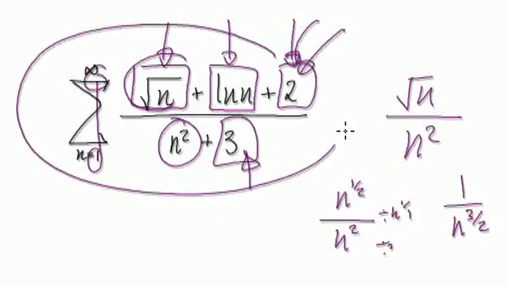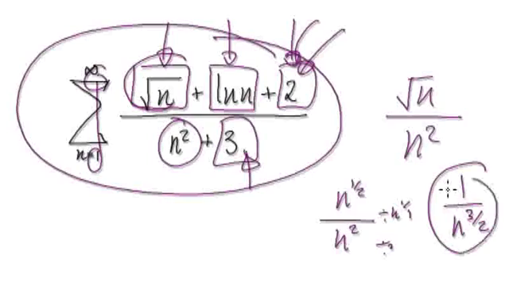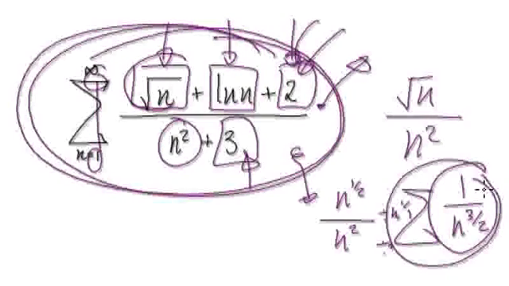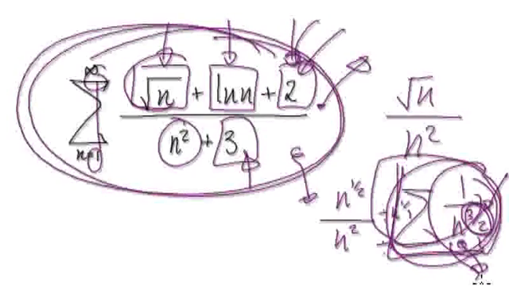So we are going to compare this series with this series. We know nothing about this series. We don't know if it's going to converge or if it's going to diverge. But we do know that this is going to converge by the p series. This p here is bigger than 1, so it's going to converge.